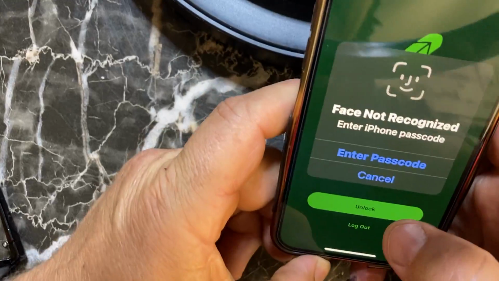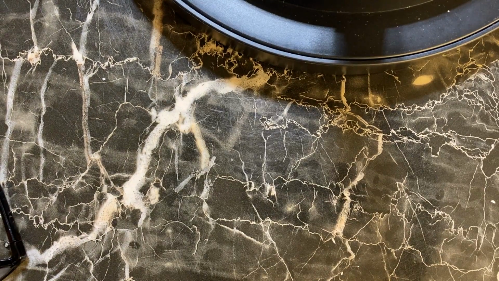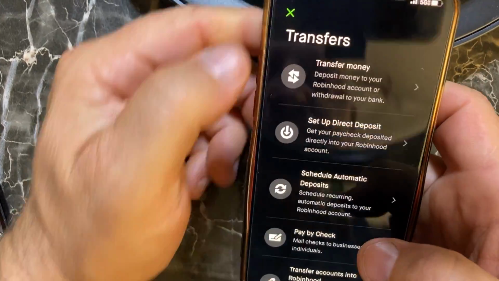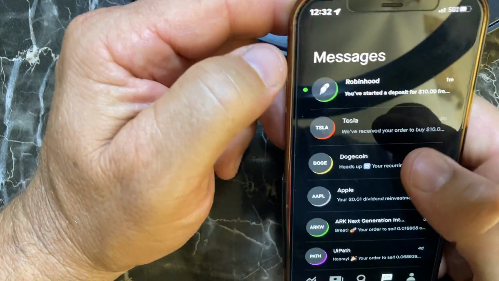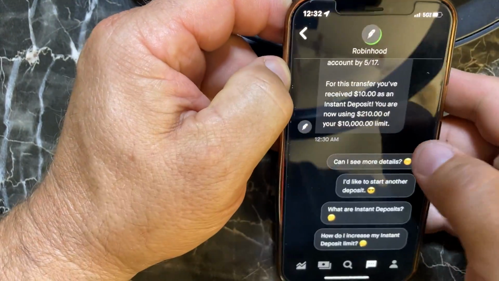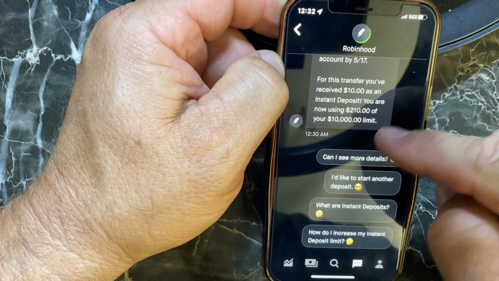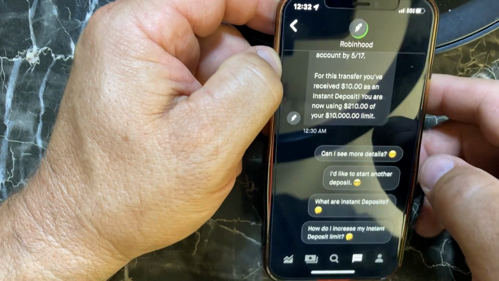Anyway, it's locked up now for some reason. All right, there it goes. I had my glasses on, but anyway, so there I just transferred, see, it's transferred $10 to my Robinhood account.